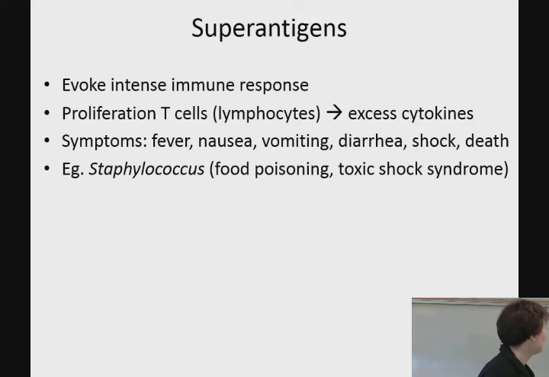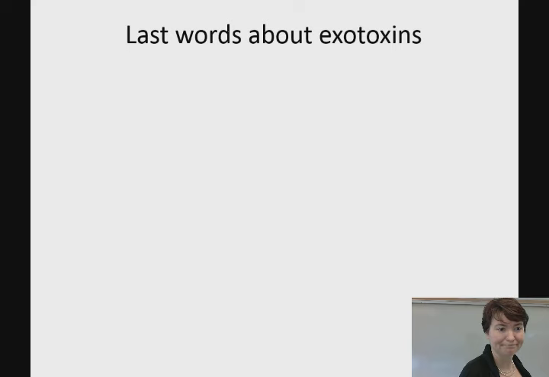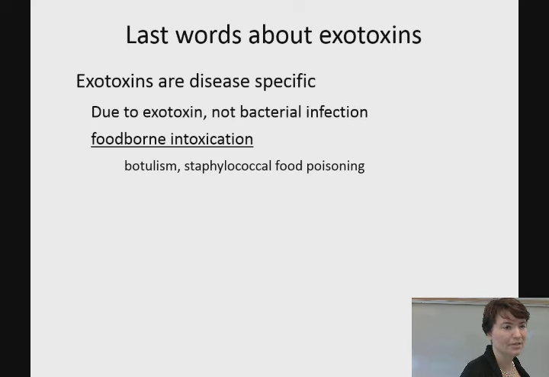An example is Staphylococcus food poisoning, or Staphylococcus species that cause toxic shock syndrome. In both of them, the main problem is a toxin that happens to be a superantigen, and it's an exotoxin. So a couple of things: they're disease specific, and the effect of the exotoxin is not due to the live bacteria that's in your body, wherever it is.